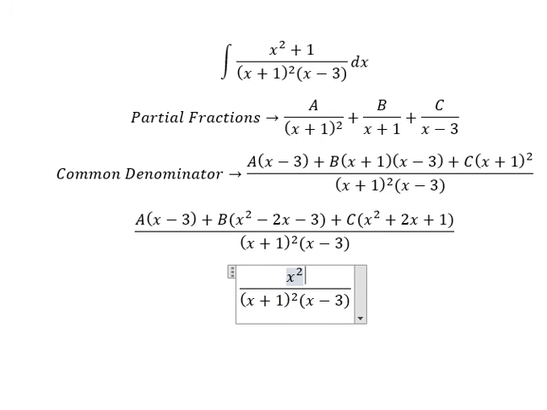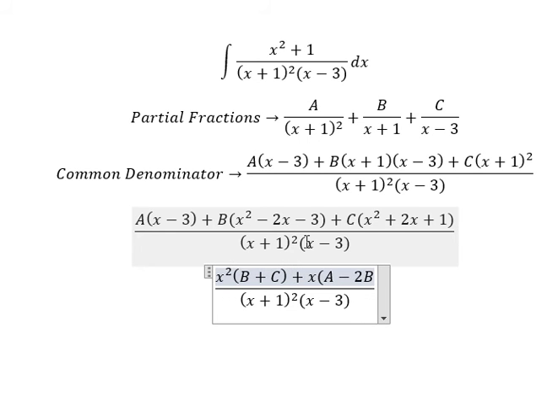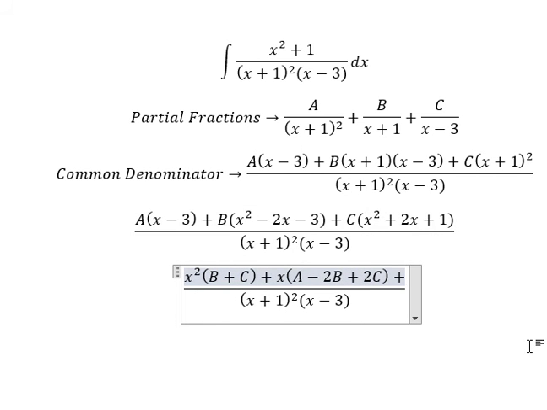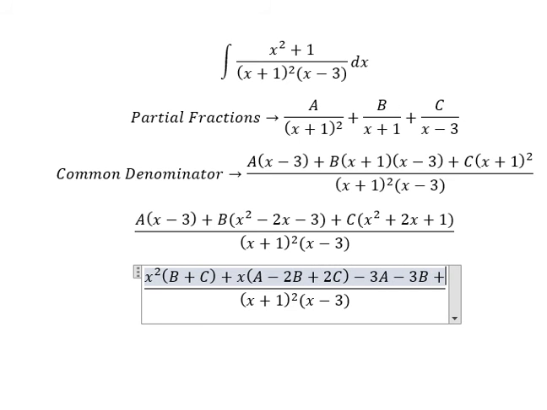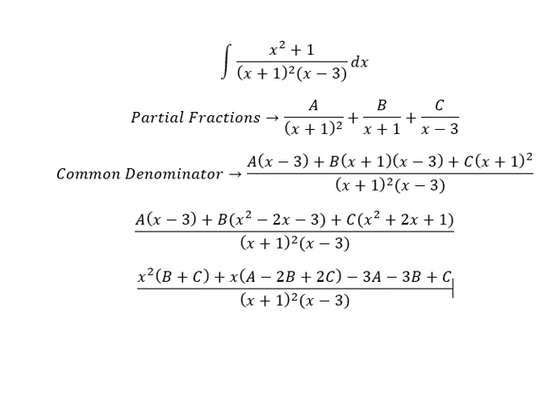For x squared, we have B and C. For x, we have capital A minus 2B plus 2C. For the constant, we have negative 3A, negative 3B, and positive C.